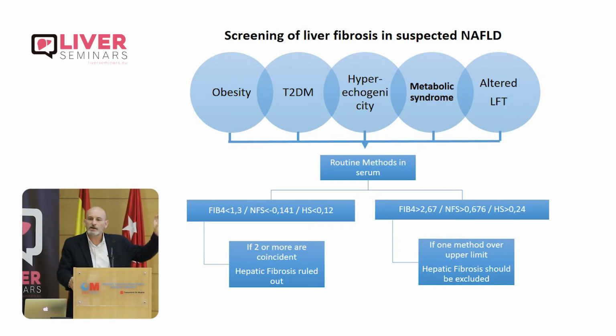We can use these 3 methods, and in patients in which at least 2 methods are under the lower threshold, we can exclude fibrosis, and the patient could be discharged. And in patients in which at least one of these 3 methods shows a result higher than the upper threshold, we can confirm the necessity of exploring fibrosis.